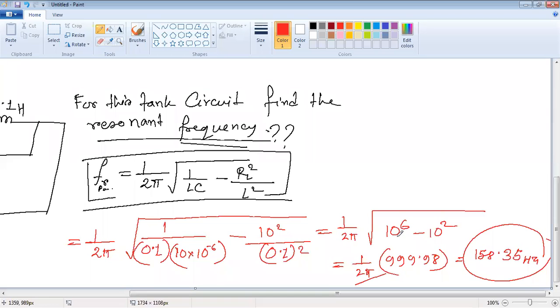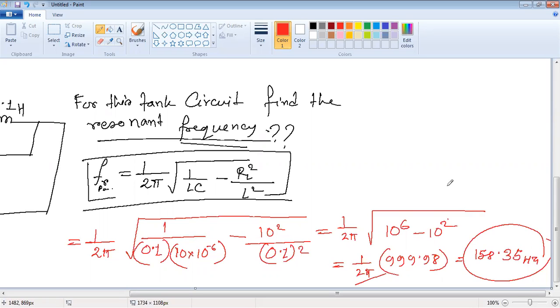Yes, sir. 10 to the power 6 minus 10 to the power 4. No, this is 10 to the power 2, 10 square. Okay, you may check this. But as per my calculation, it is coming here.